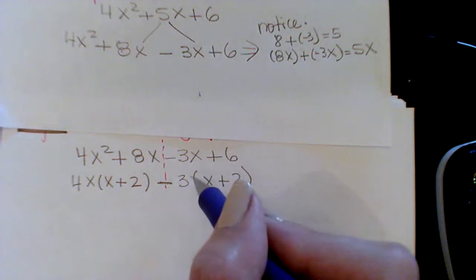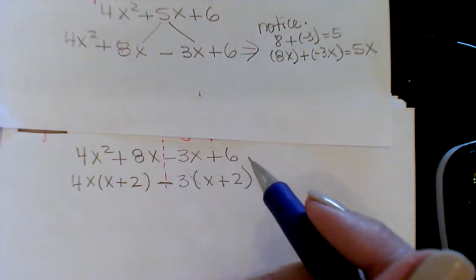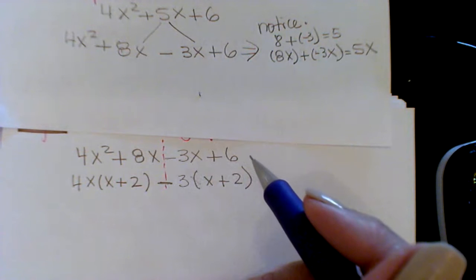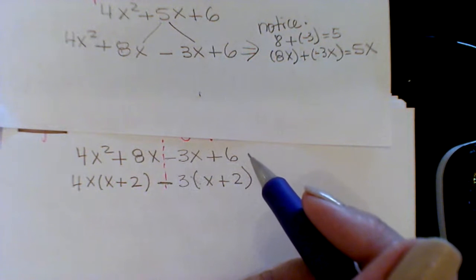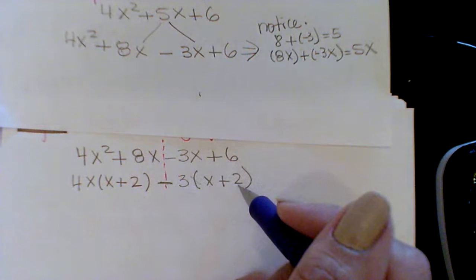But if I multiply negative 3 times 2, it's going to give me a negative 6.